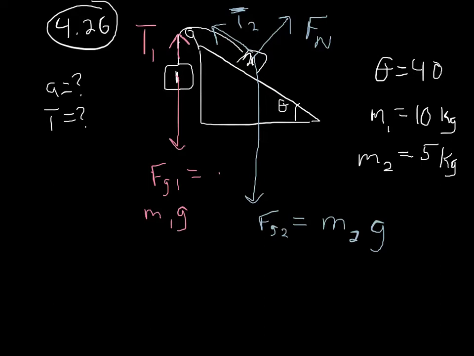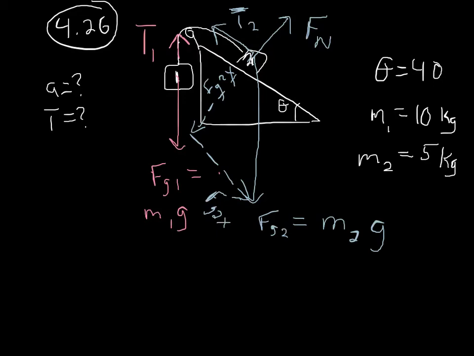Break it into x and y components. So we have some FG for box 2 in the y direction, and FG for box 2 in the x direction.